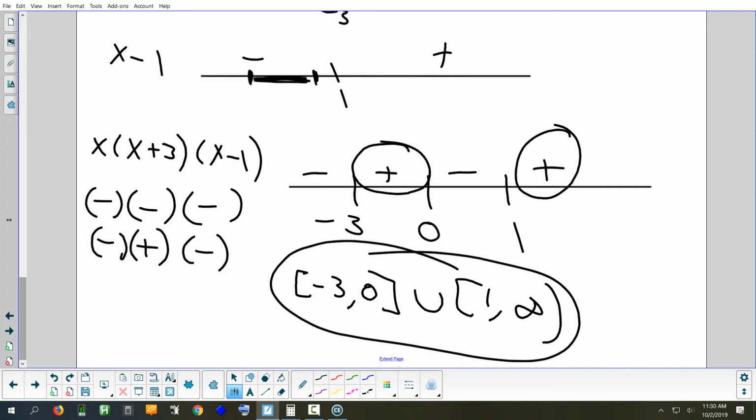Perfect. So you can pick any number from -3 to 0, including -3 and 0, or any number that's bigger than 1, or equal to 1. Okay. Any question on that one? So that's called a sign pattern.